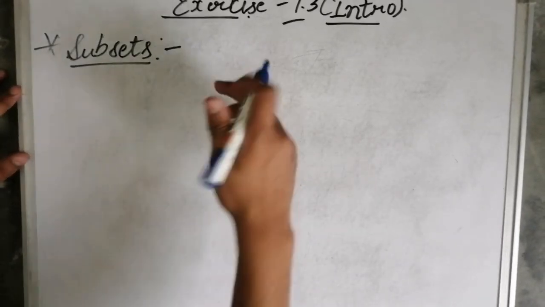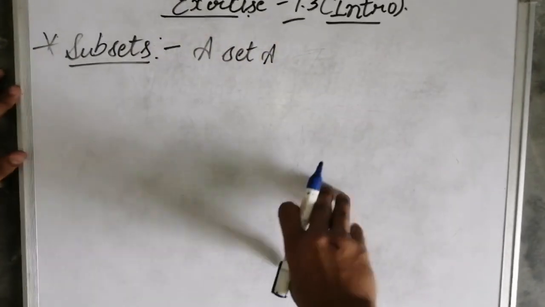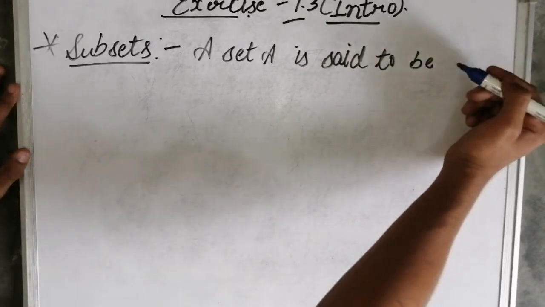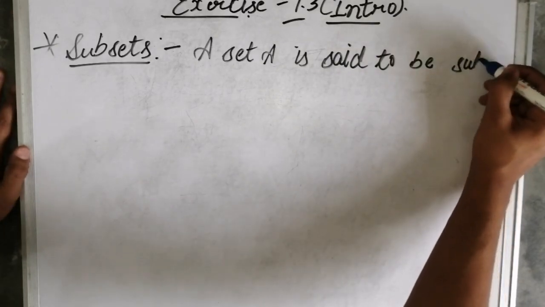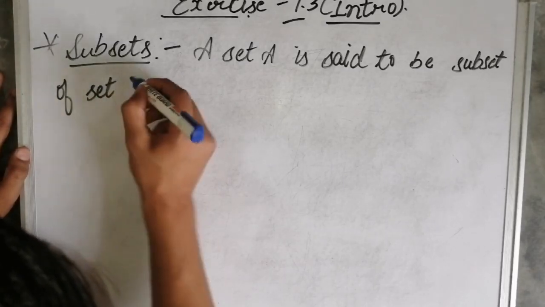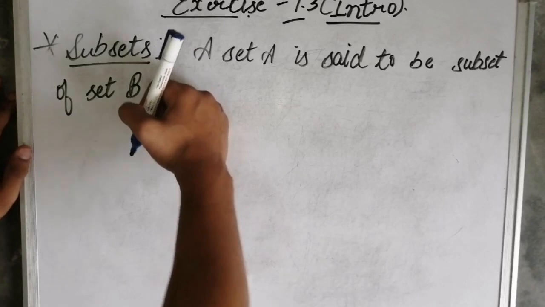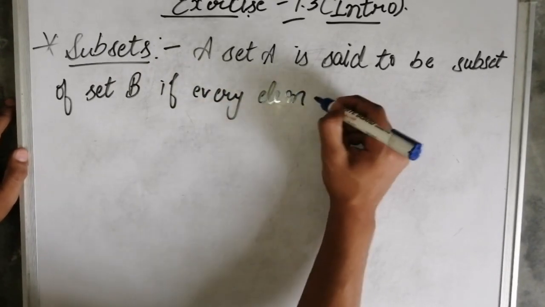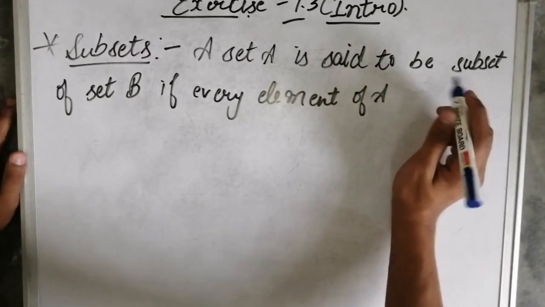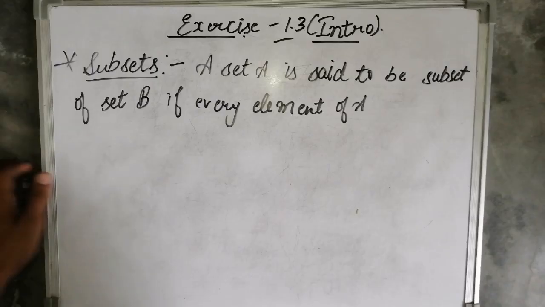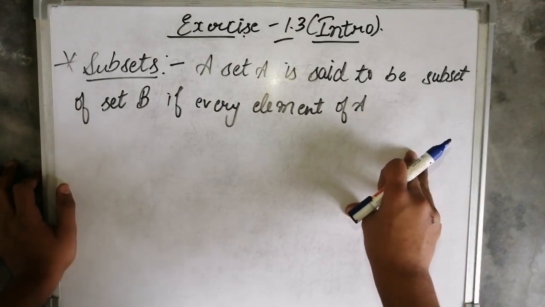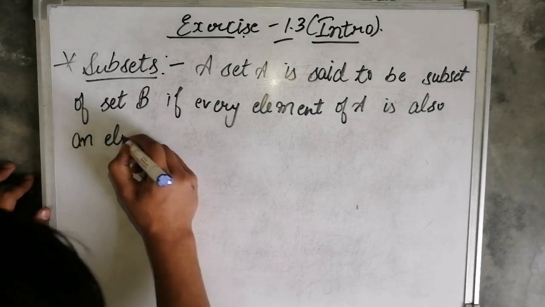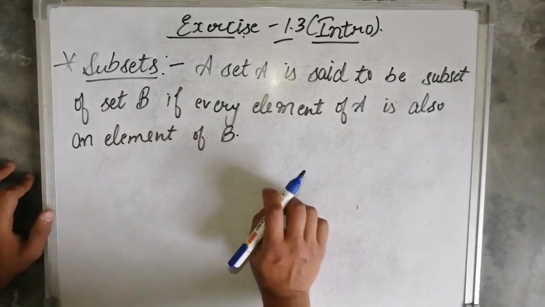Its definition according to NCERT is: a set A is said to be a subset of set B if every element of A is also an element of B.